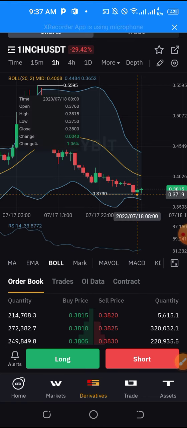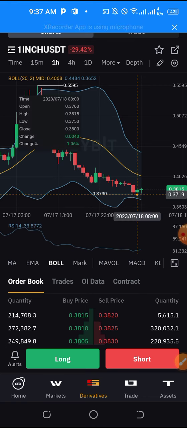So I also go ahead and activate the RSI. Now that I've activated the RSI, to compare the RSI indicator and the Bollinger Band to see if it's a good buy for me, I discover that the RSI, this is the RSI here, is currently at 35.